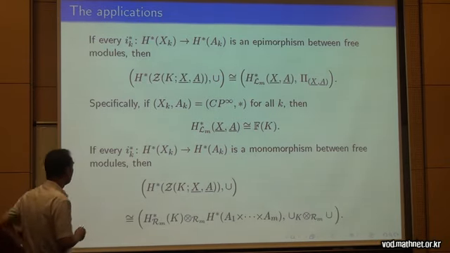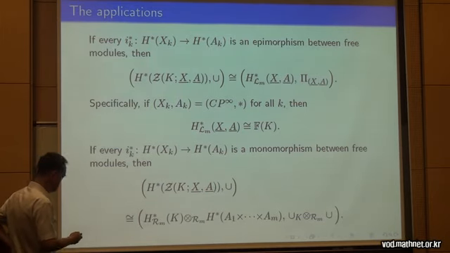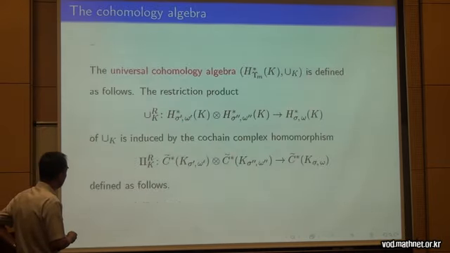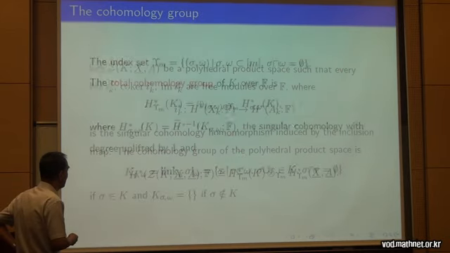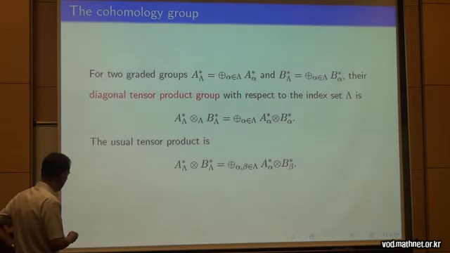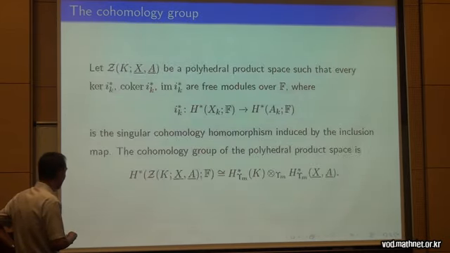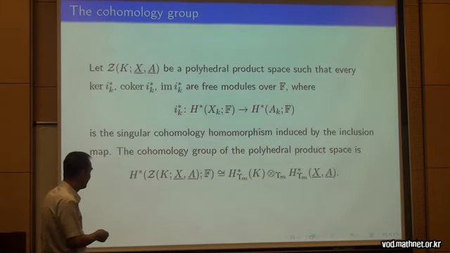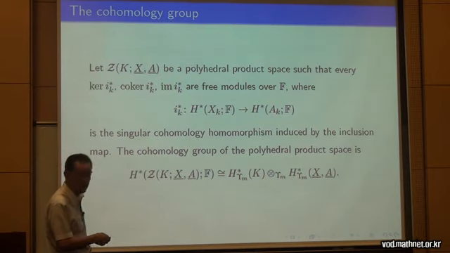What I'm going to talk about is why we can get this algebra diagonal tensor product structure. That is to say, how can we get this group? The most important trick of our proof is this. How can we first get this structure, the diagonal tensor product?